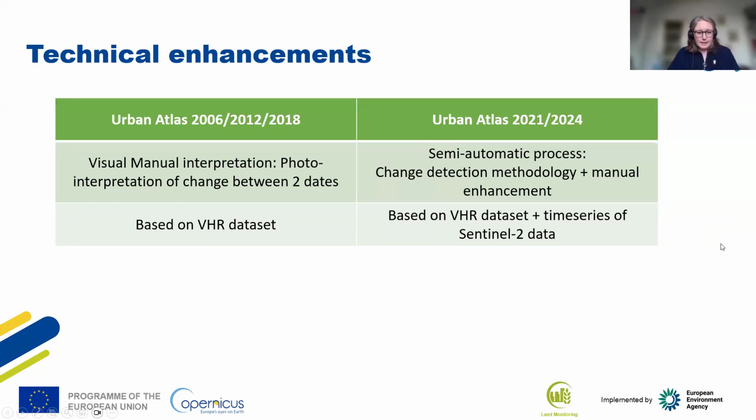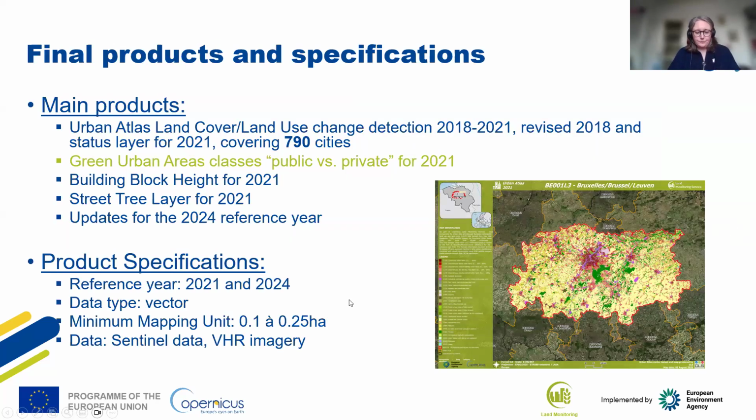On the next slide, to summarize, we still have this collection of projects. So we will have Urban Atlas land cover land use change detection between 2018 and 2021. We will also revise the status layer 2018, and we'll have the status layer of 2021, covering 719 cities, with 28 classes.